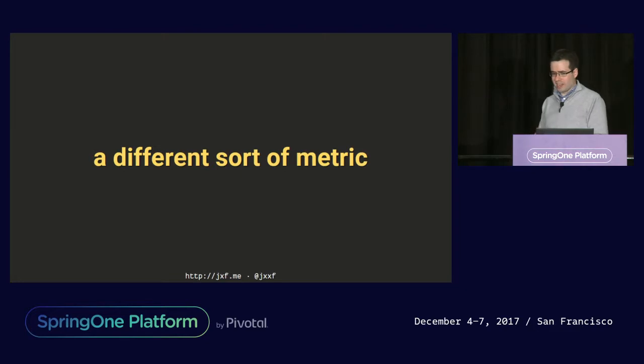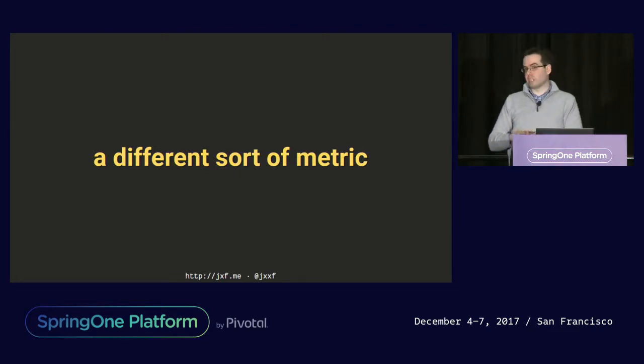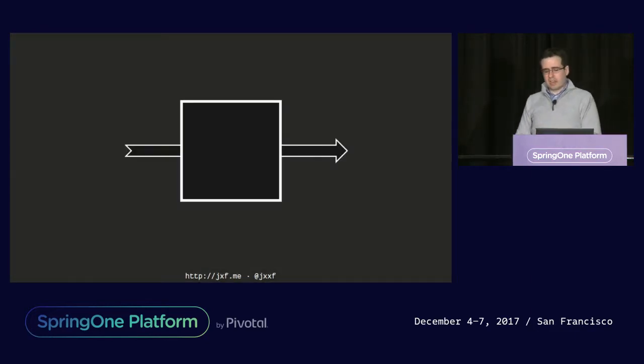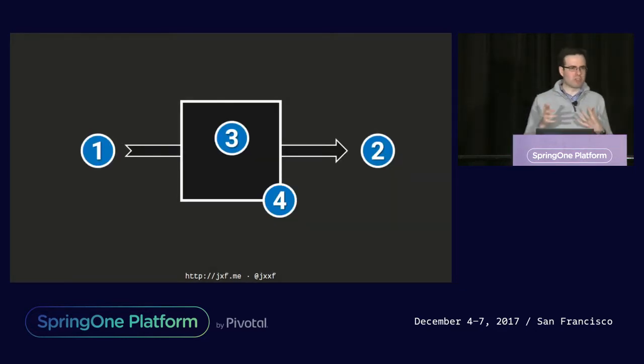I think the key to that is a different sort of metric, a metric that is more closely tied to the way that the system is operating. So the proposal is, instead of thinking about systems in terms of really granular metrics like CPU, disk I/O, memory, that we think about roughly four key properties of this system.